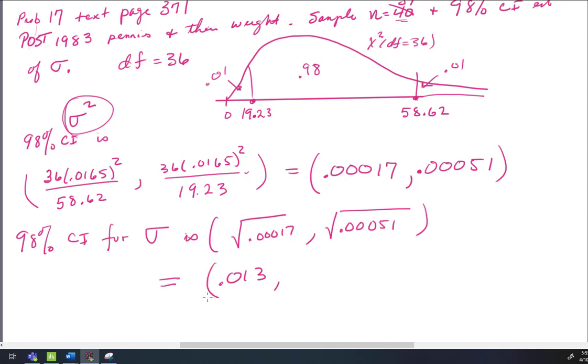And just one more. The square root of 0.0051 is 0.071, and that would be grams. So this is a 98% confidence interval for sigma.